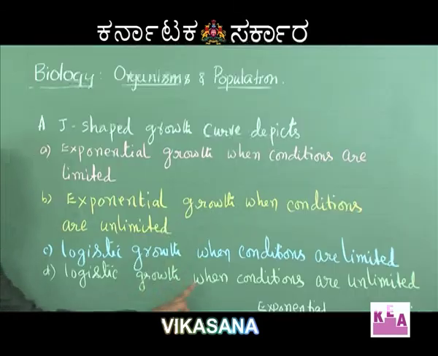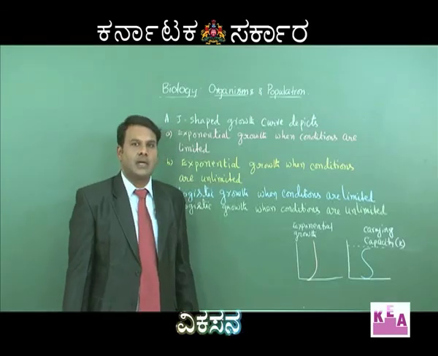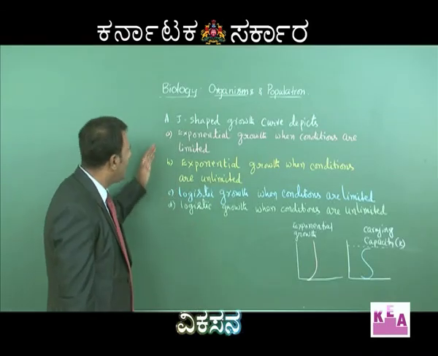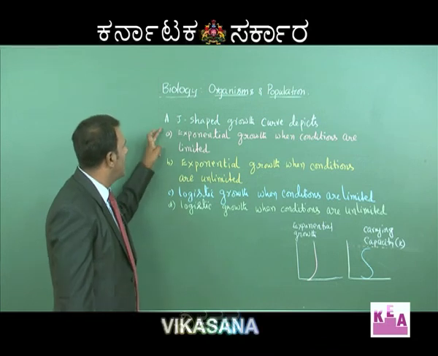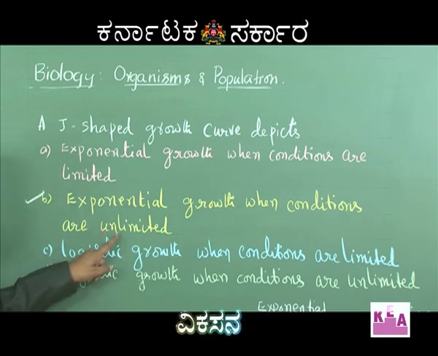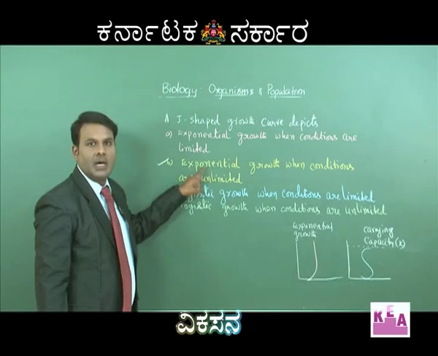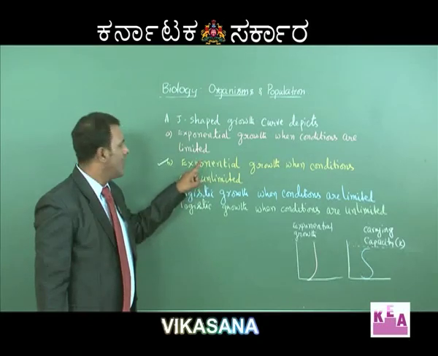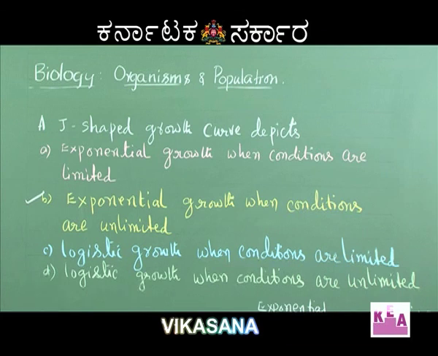Logistic growth when conditions are unlimited: there won't be logistic growth when the conditions are unlimited. In this particular question, the correct option is option B, because when the resources are unlimited, organisms undergo exponential growth, and the graphical representation of exponential growth assumes a J shape.